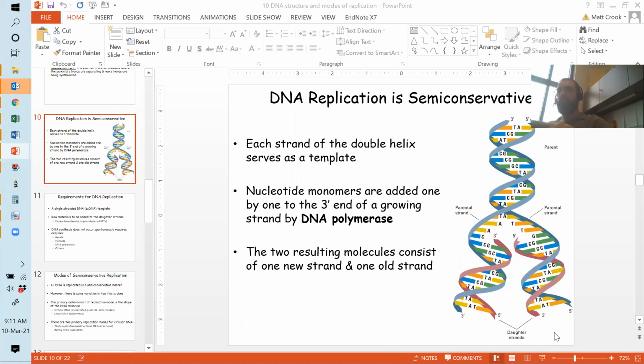It has benefits too, but it also causes this problem. And so this strand is getting synthesized down the page, even though the whole replication fork is going up. What we'll get into later is how that gets fixed, how we deal with that problem so that we can synthesize both strands at the same rate in the same direction. Anybody any questions?